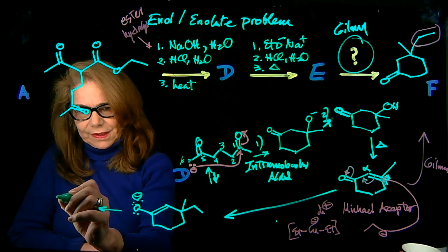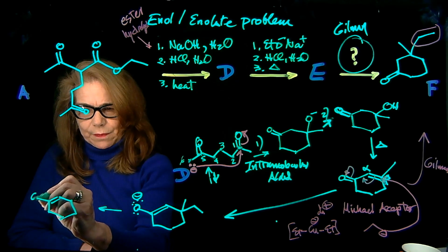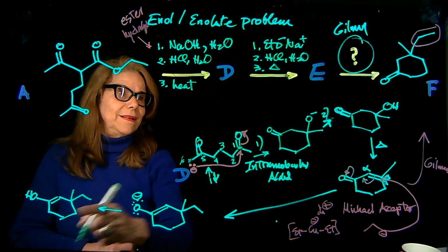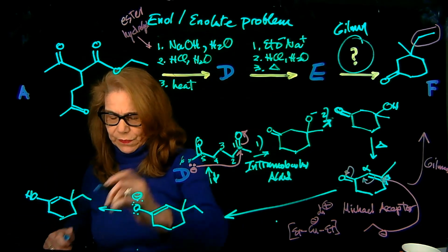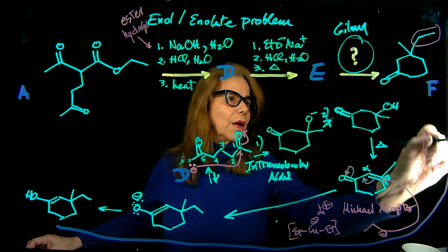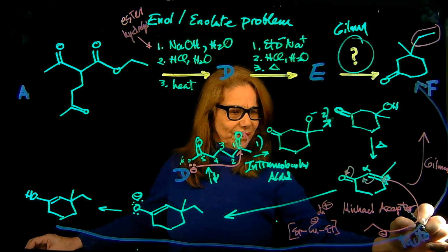And you will get the acidic workup and then the tautomerization step. So now this is the tautomer of that. So the final step is, let's draw a big arrow over here. This is a tautomerization step.